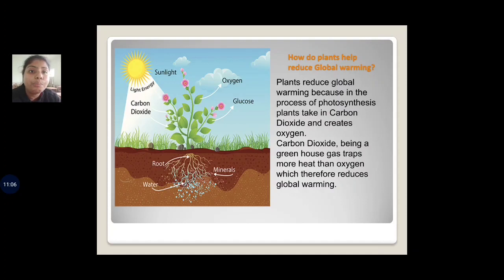So therefore students, try to plant more and more trees around you, surrounding your colony, wherever you live, at your house also. We should start contributing, because plants perform the vital process of photosynthesis, which helps the overall survivability of living creatures on this earth.